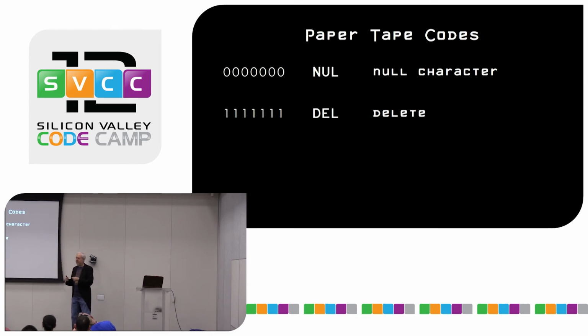The idea was when you're typing a tape offline and you make a mistake, you go, oops, you back up the tape one row, press the delete key, and chunk, all of the knives come down and chop out all of the holes. And the receiver of the tape will recognize, oh, that's a place where a rub out. That's where the things have been, so I'll ignore that. So I have to ignore anything which is a 0, because that's just blank tape. And I have to ignore anything where everything's punched out. That is what those codes were for.